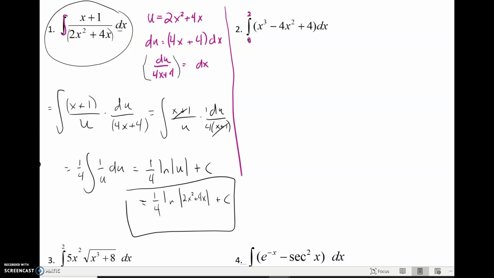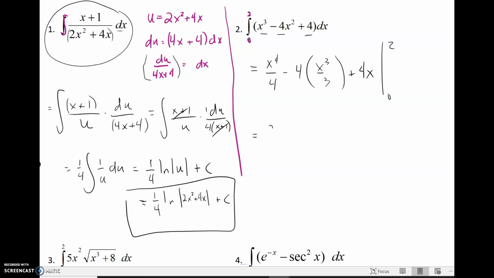Okay, let's try another one, an easier one. I don't need u-substitution. Hopefully you can recognize that there's no composite function, there's no rational function, so I can just integrate by using my power rule: x to the 4th over 4 minus 4, constant multiple comes along, and then x cubed over 3 plus 4x, and I'll use this notation as I go from 0 to 2.